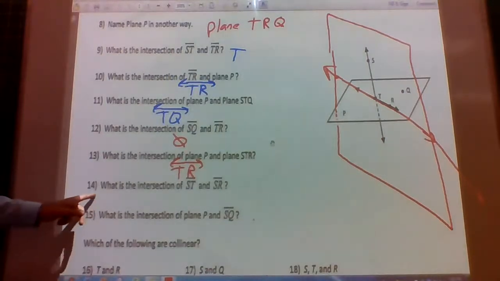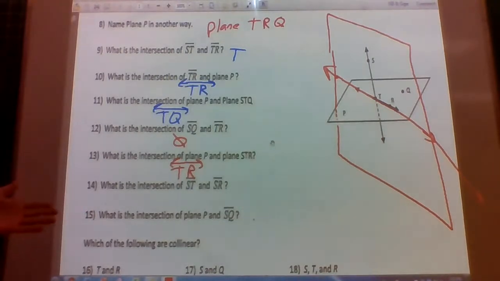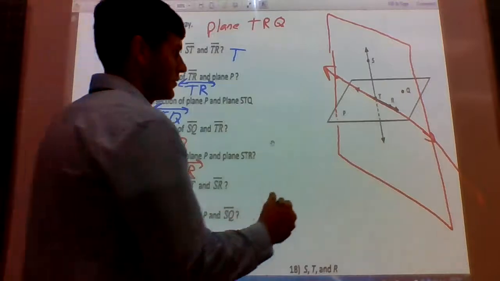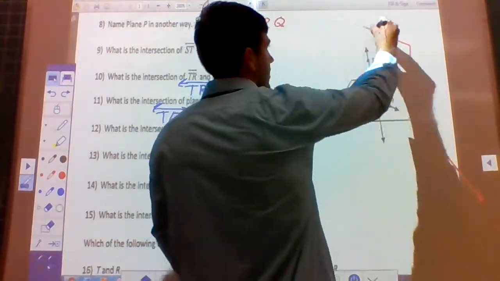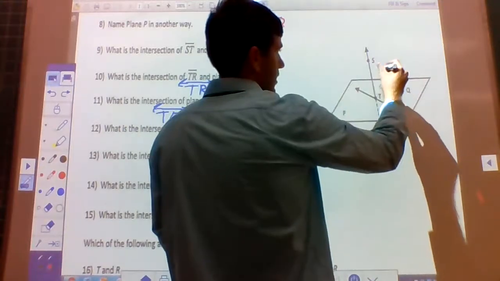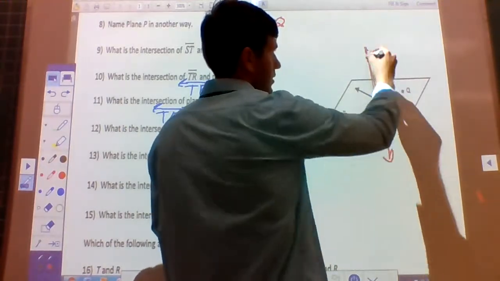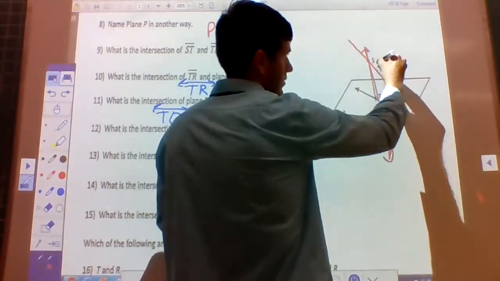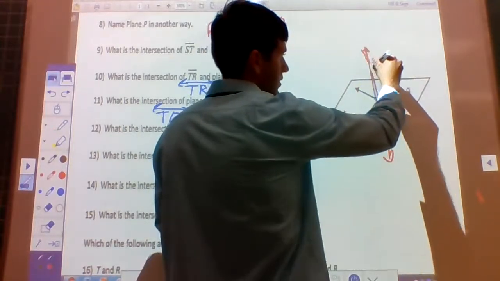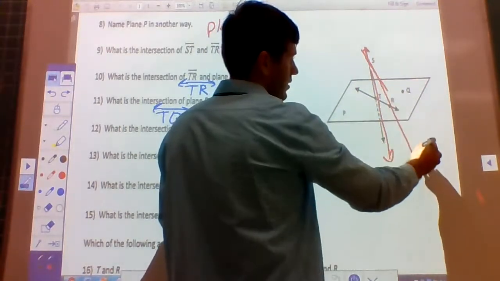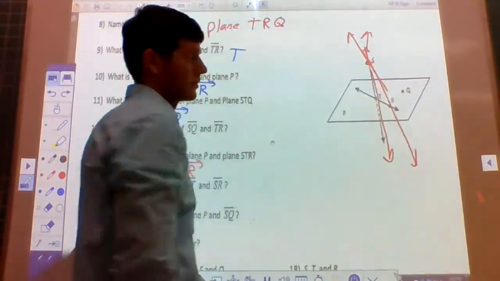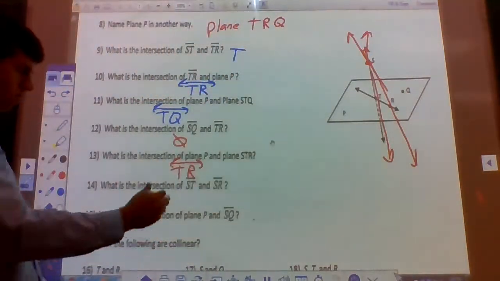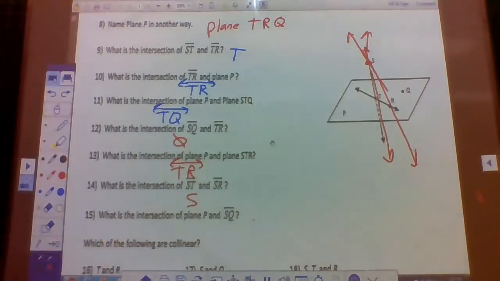What is the intersection of line ST and line SR? Here's ST, here's SR. They're going to intersect at point S. What is the intersection of plane P and line SQ?